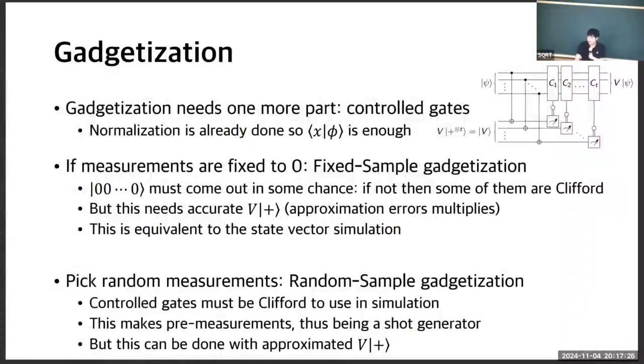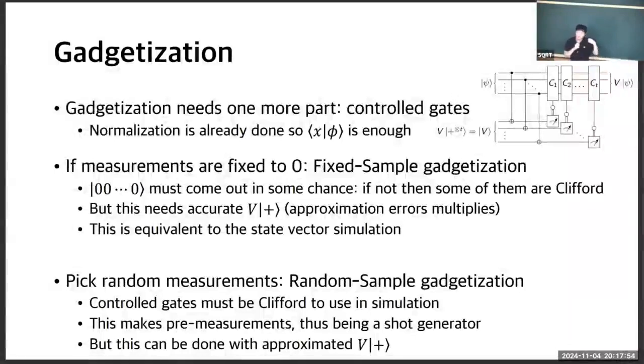Because the chance of 0 coming out must be non-zero. If some bit must be 0 or 1, then we can just make it a Clifford gate without making it a non-Clifford gate. So if we have a non-Clifford gate, then it must have a chance for 0 for V plus.